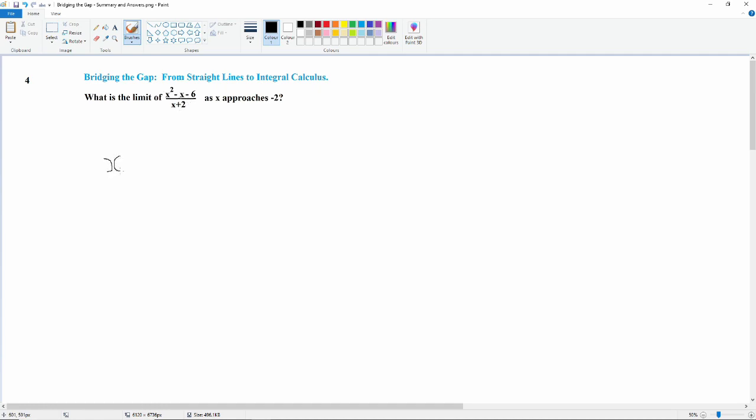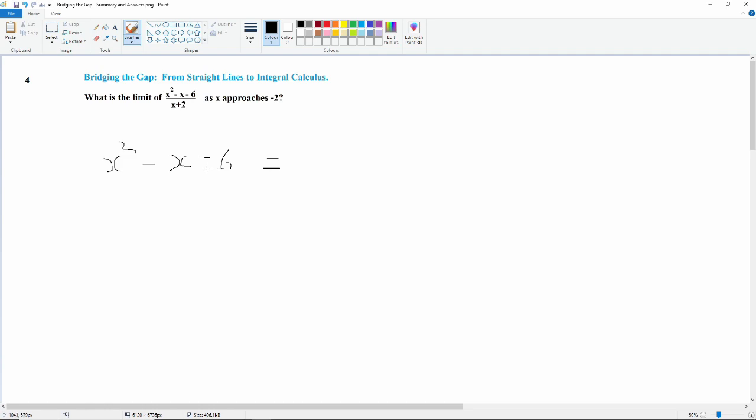So x squared minus x minus 6 is equal to, so we need to factorize this. We're looking for two numbers that add together to give negative 1 and multiply together to give negative 6.